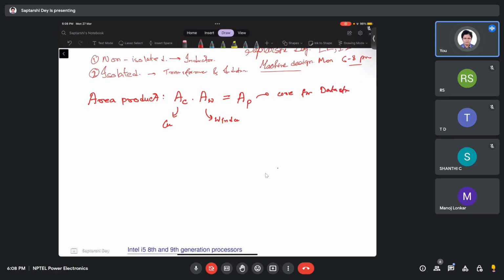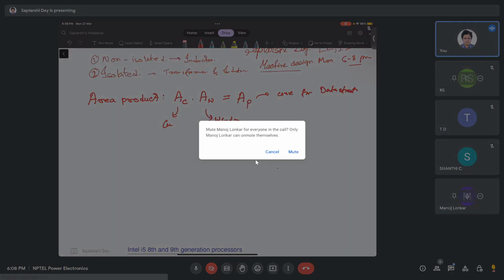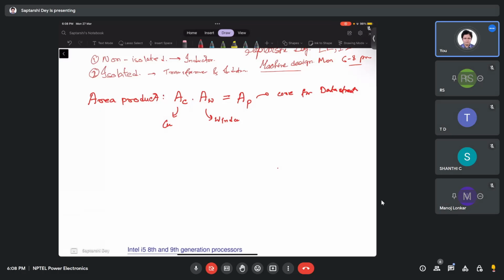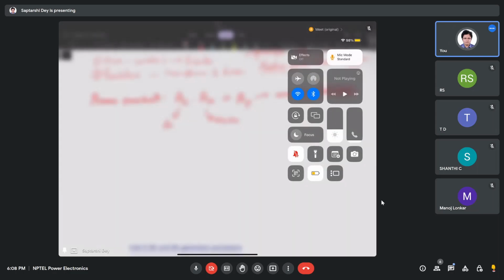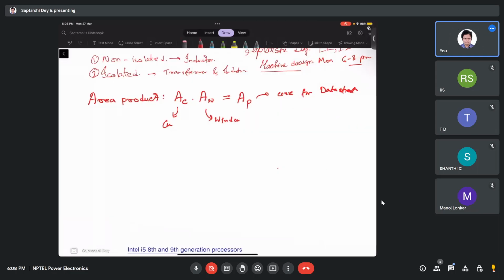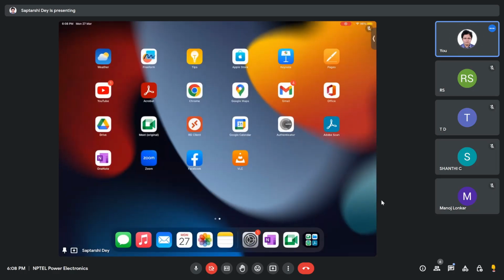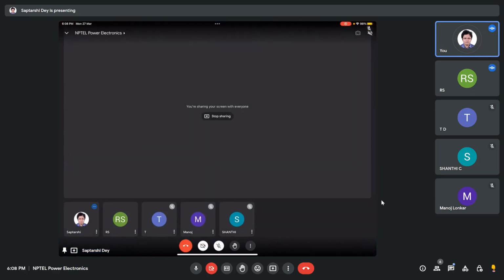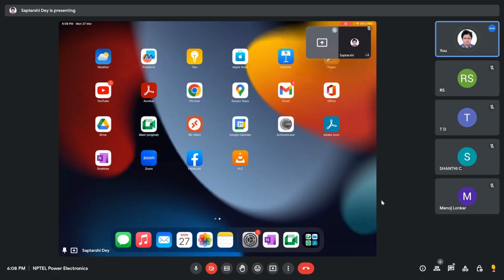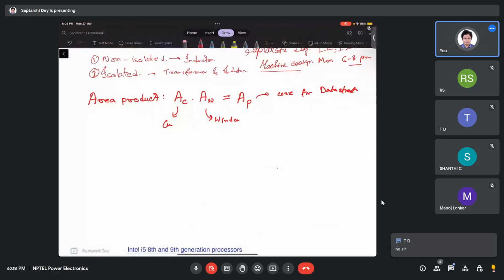If you open the data sheet of cores, you will see that the cores are listed with their part numbers, different types of cores and their AC.